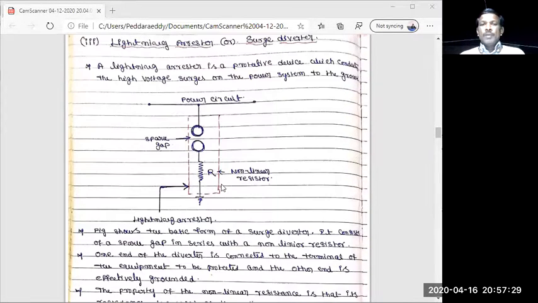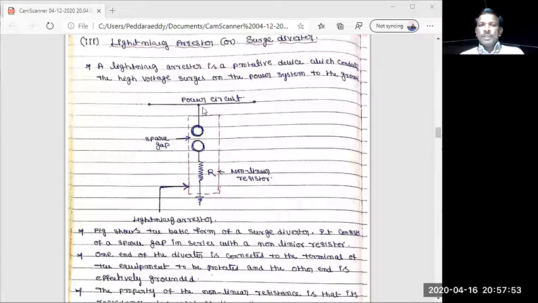When it comes to operation, the operation is in two ways: one is under normal operating condition and the other is under abnormal condition. Under normal operating condition, the normal voltage flows through the power conductor.